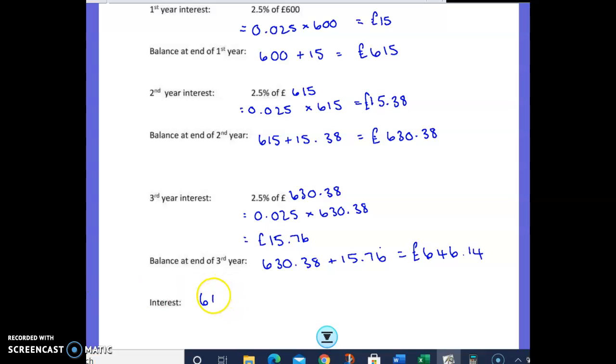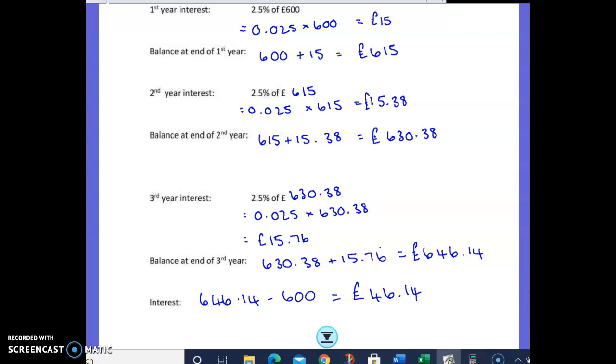So the amount of interest, take away how much we put in the bank to begin with. So if we're leaving money in the bank, doing absolutely nothing for 3 years, we got £46 and 14 pence. Fortunately, we don't get many bank accounts with an interest rate of 2.5% at the moment.